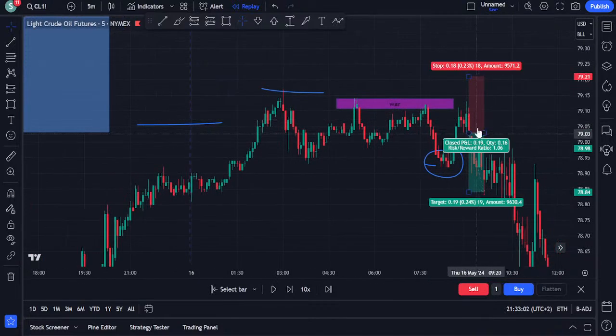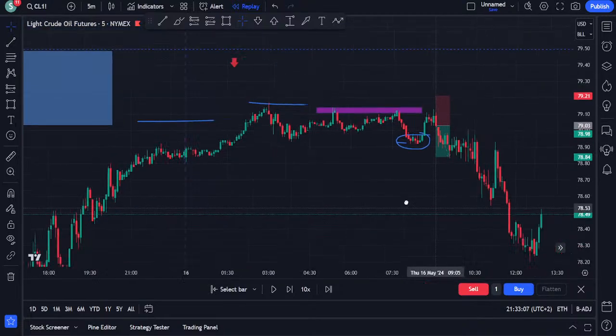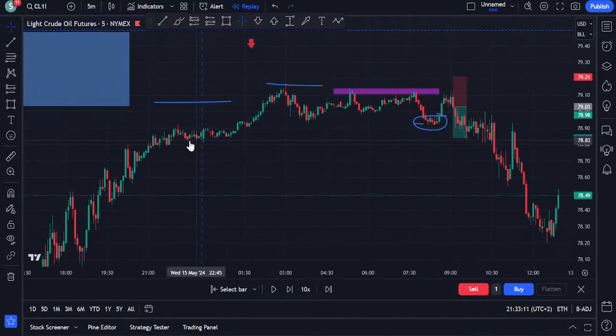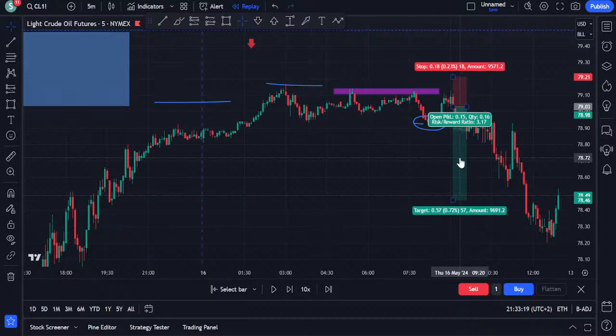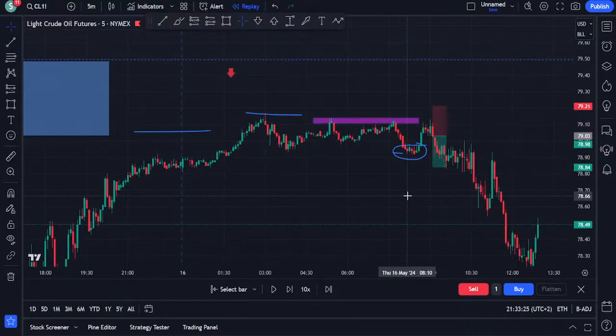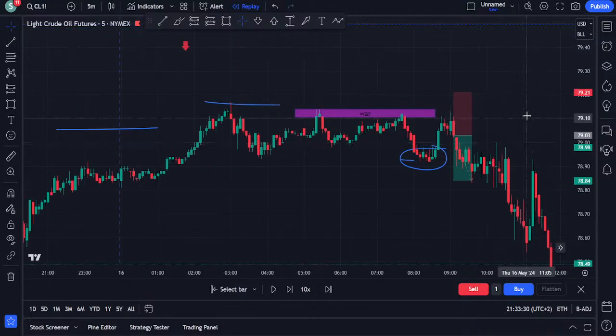Could have easily got more out of it, but who cares, right? Next swing point is here, but that's not what I do with that. It was there, but just a 1-to-1. To me, it has so far had a very high strike rate, and we'll see how it plays out.